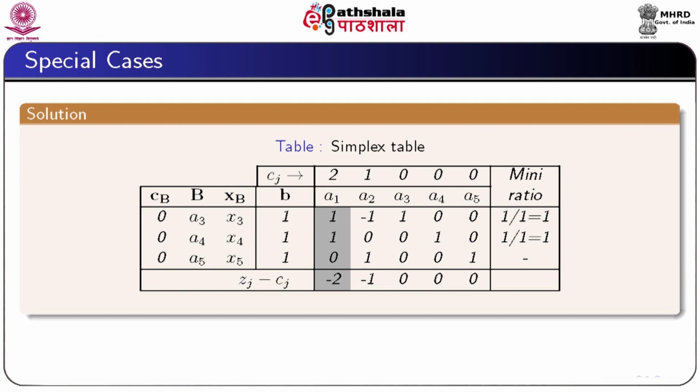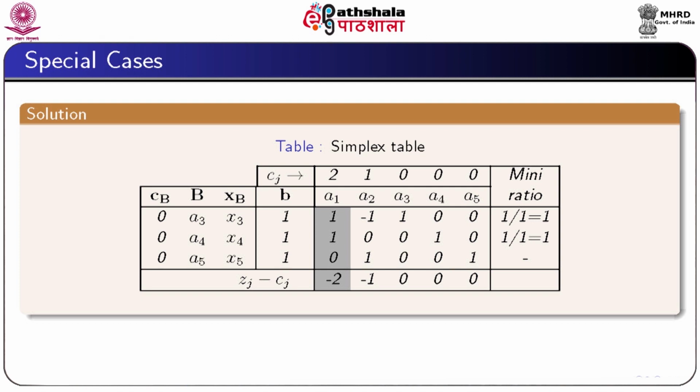In the first iteration, the vectors a3, a4 and a5 are in the basis and the value of z1 minus c1 is most negative. Hence, a1 is the entering vector. The minimum ratios show that there is a tie in selecting the departing vector.